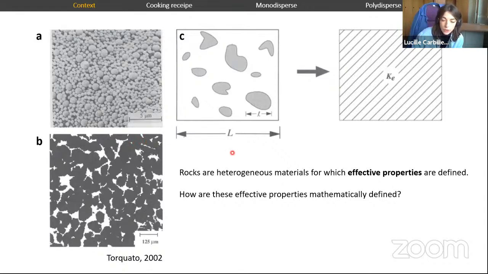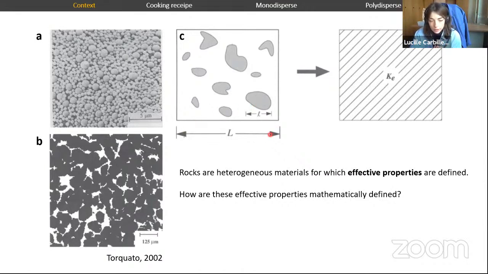So this allows us to view the material as a continuum on the microscopic scale, a continuum to which effective properties can be ascribed. To illustrate this, let's focus on figure C, where we have a schematic of a 2 phases material on the left, with capital L that represents the macroscopic length scale, and a small l that represents the microscopic length scale, which I'll refer to as microstructure.